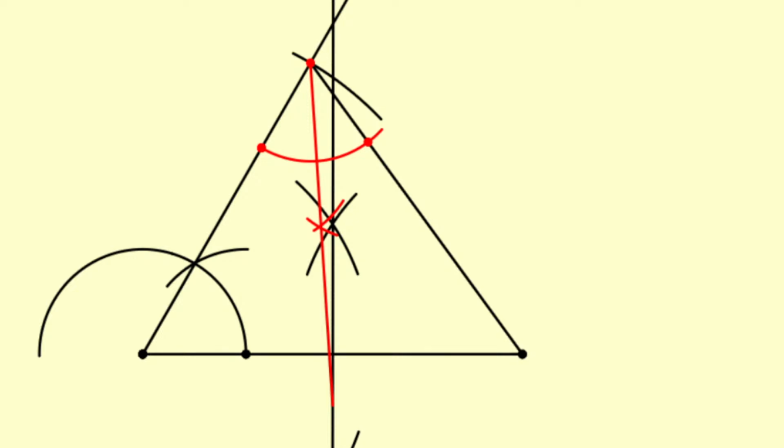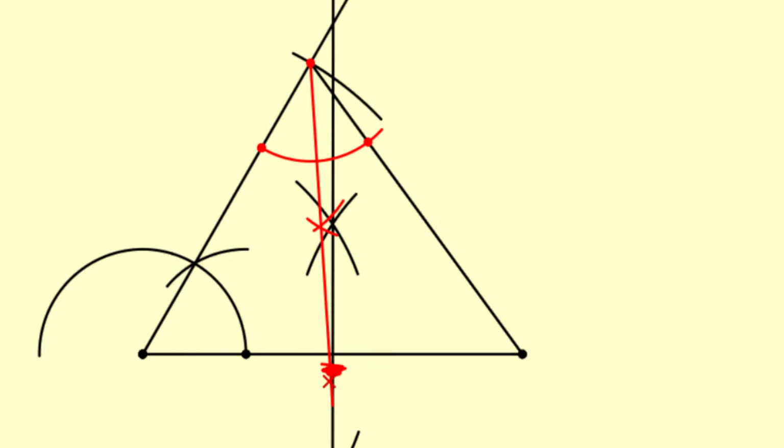Are they intersecting? I think a little bit outside the triangle they are intersecting at this point. See, their point of intersection is this point. This one I'm just darkening it.